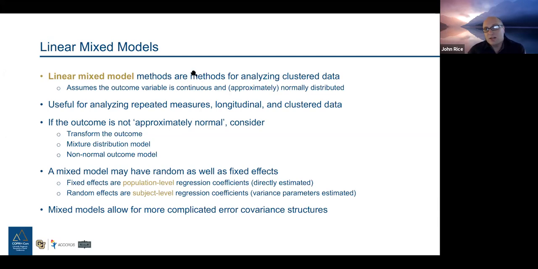So now, linear mixed models, the focus of the talk here. This is generally a better method for analyzing longitudinal or clustered data than the methods I was just describing. These typically assume that the outcome is continuous and approximately normally distributed. This is usually not the case.